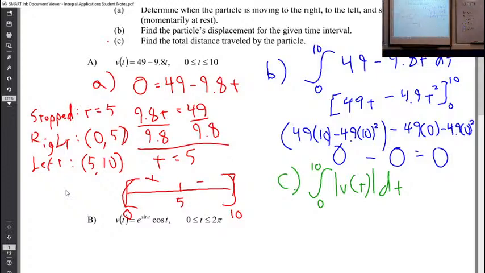Here's where I want to pull out the calculator. By hand, we'd take the integral from 0 to 5, and then subtract off the integral from 5 to 10. We could definitely do that. It wouldn't be too bad to do by hand. But for time's sake, I'm going to use the calculator because it's helpful for us to know how to use the calculator anyways.